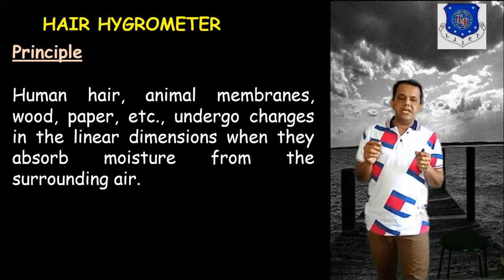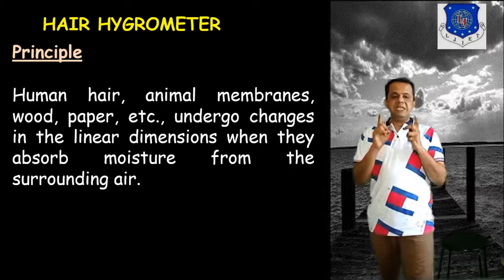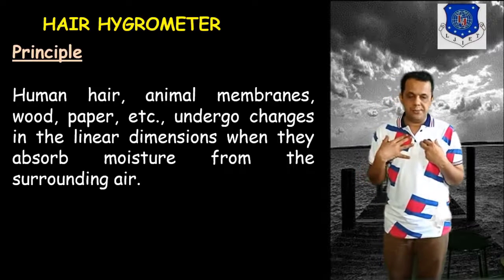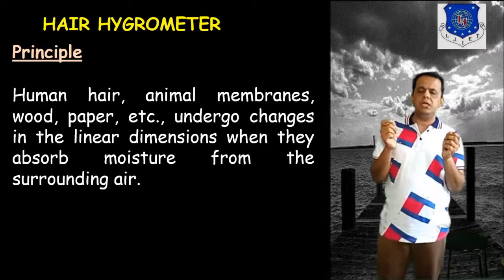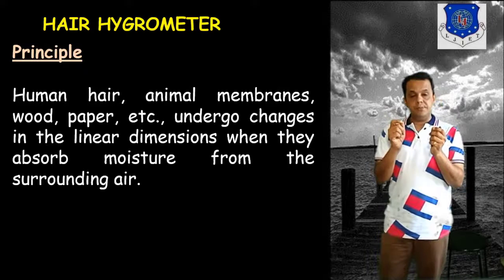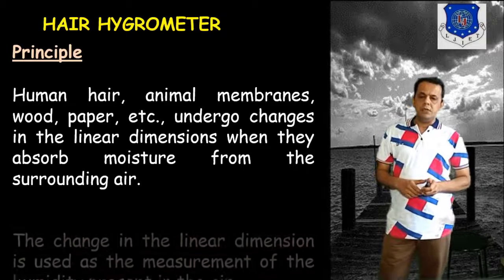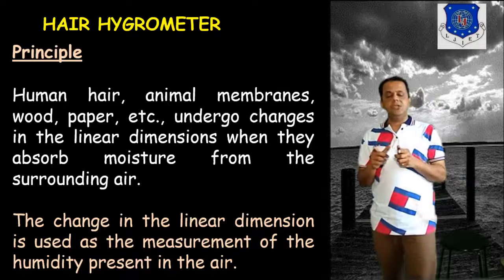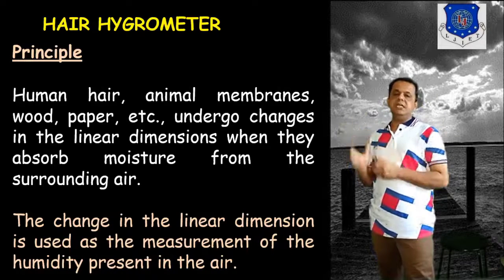Even in a humid atmosphere, the property of our hair is changed. But here we are talking about the linear dimensions, and obviously we will not be able to measure the linear dimensions of our own hair, because it is a very small change, but that change will be amplified and detected by special techniques. So this change in the linear dimensions will be used as the measure of humidity present in the air.